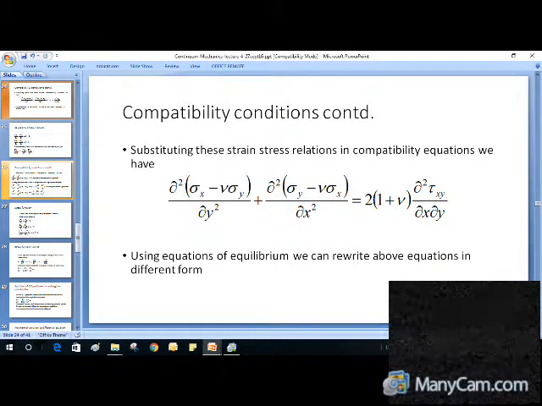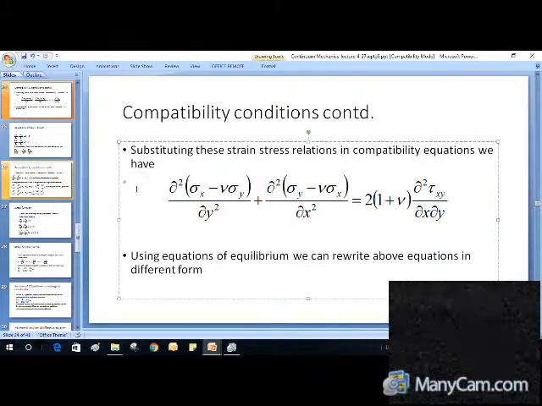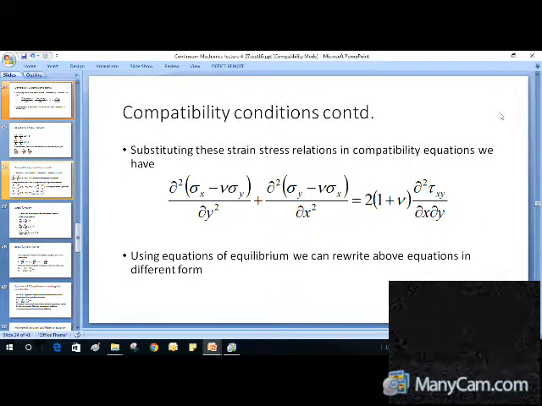So we are now in a position to deal with those three unknowns, sigma x, sigma y and tau xy, where we have got two equilibrium equations and the third, which is the compatibility condition, now expressed in terms of the stresses itself.